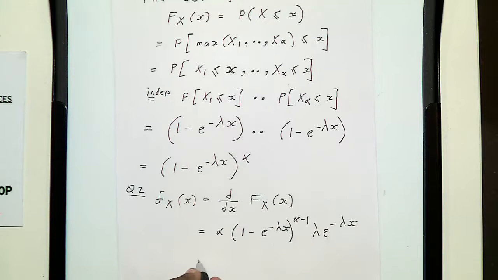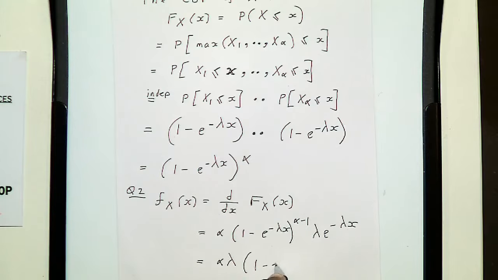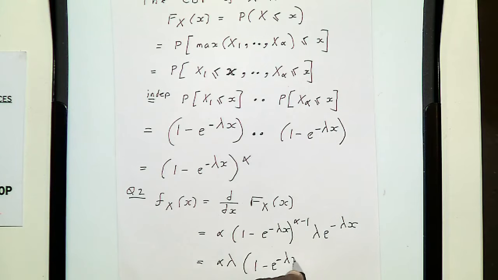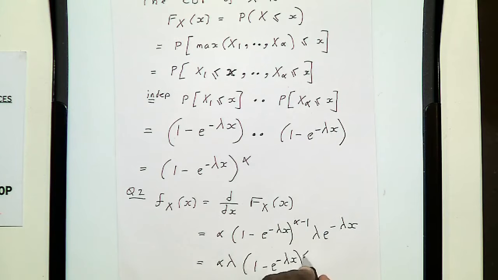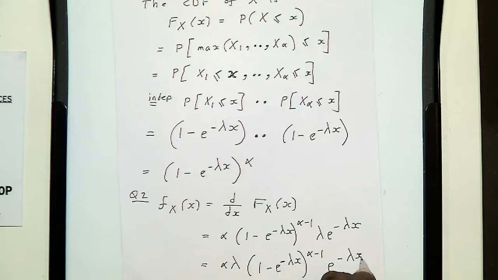You can write this as alpha lambda because these two are constants. So this is part 2 of sheet number 4.